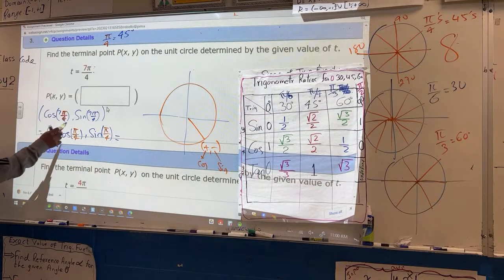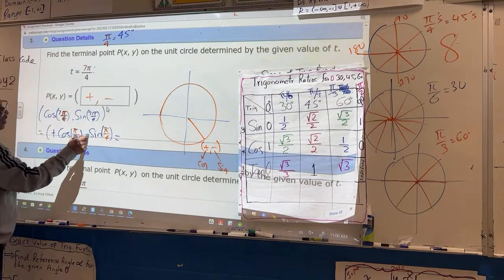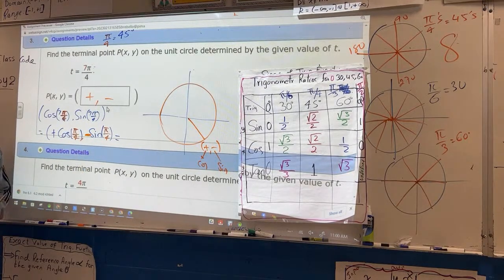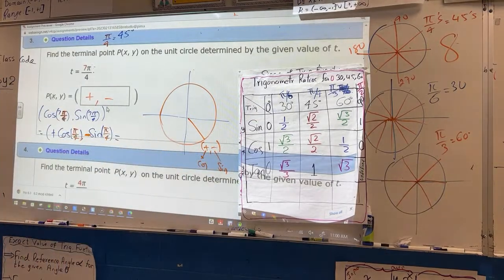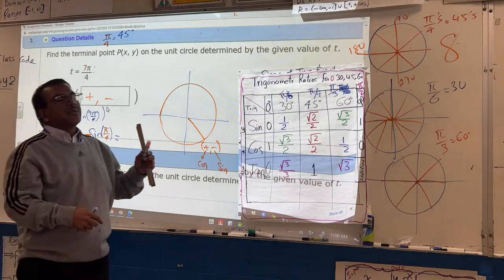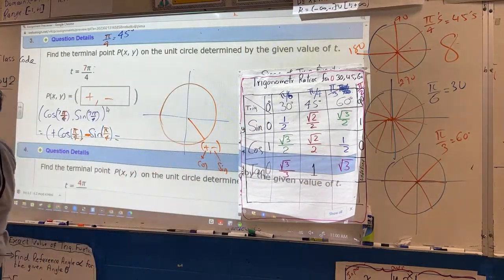But remember sine is positive and negative, so this has to be minus, because in the 4th quadrant, cosine is positive. Is that okay? So what is sine 45? What is cosine 45?